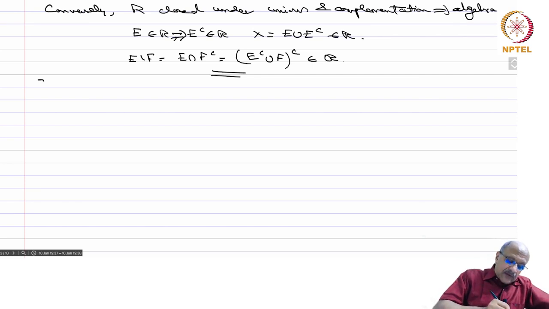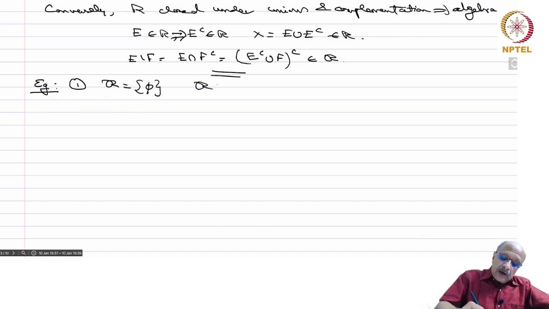Okay, so now let us see some examples. The first examples are the trivial ones. You take R equals just the empty set, or you take R equals the power set of X, and these are rings. In fact, this is an algebra.